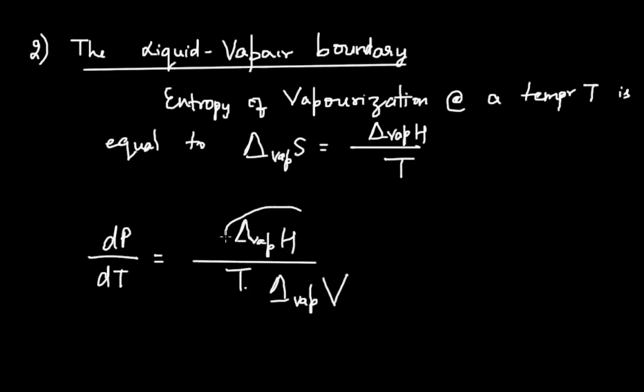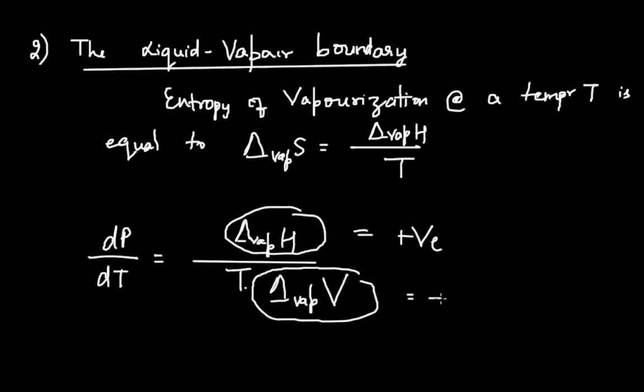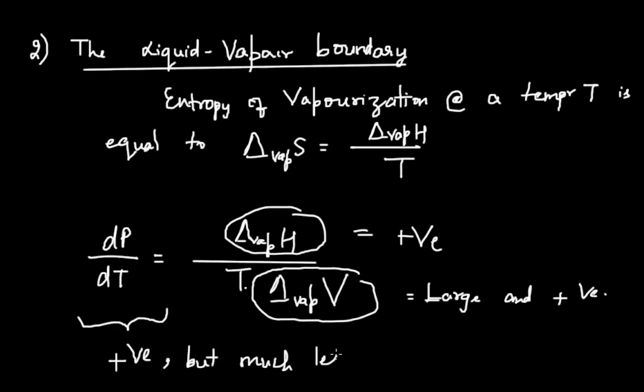Now this is a positive value, this is also a positive value, this is a large and positive value. So therefore your slope dP by dT is positive, but much less, because there is a large value in the denominator.